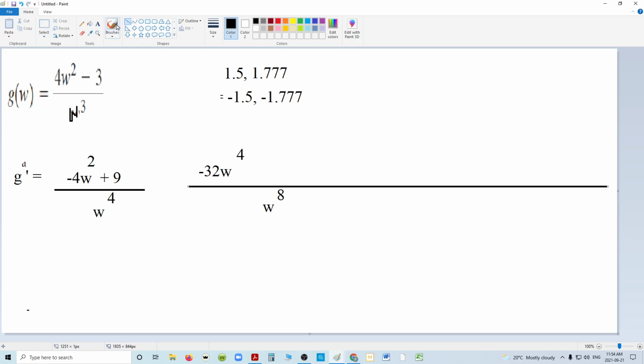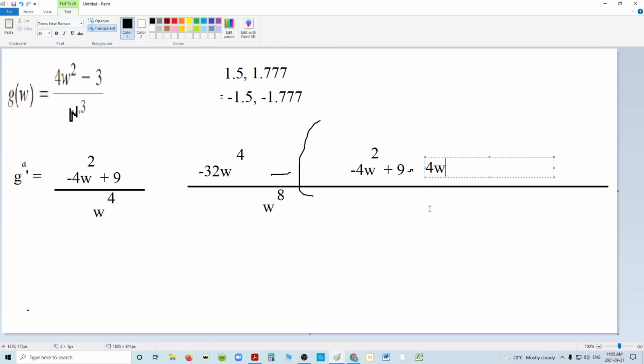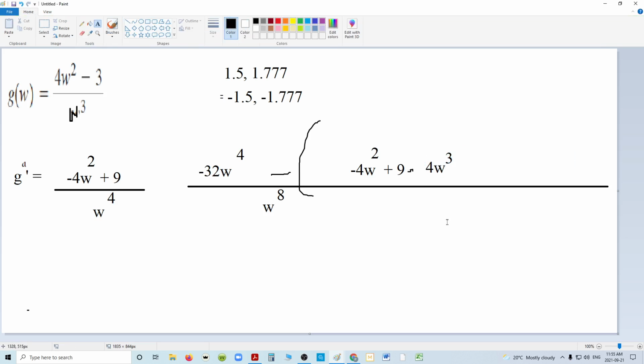Now I have to subtract the top function. And that minus is treated as a bracket, times the derivative of the denominator function. The denominator function is quite simply this. Now again, you have to treat it like it's in brackets. So we multiply this way.